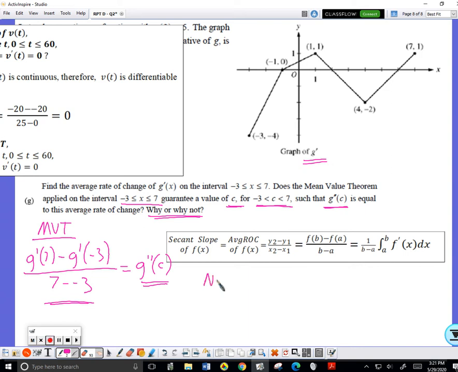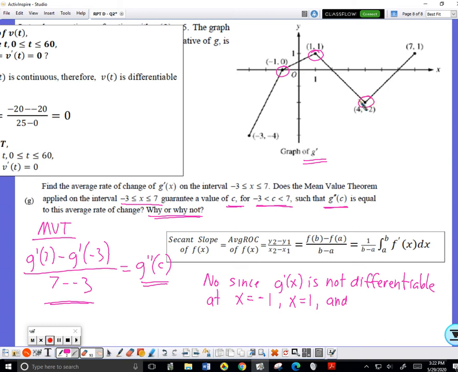So you say no, since g prime is not differentiable at x equal negative 1, that's a corner right there, x equal 1, and x equal 4. Therefore, the MVT does not apply.